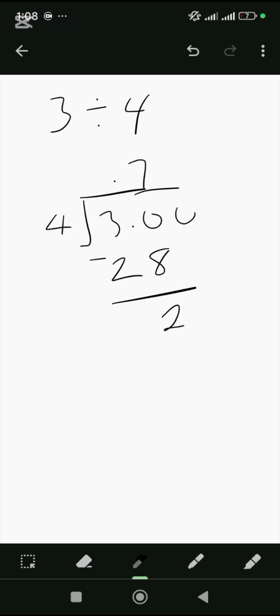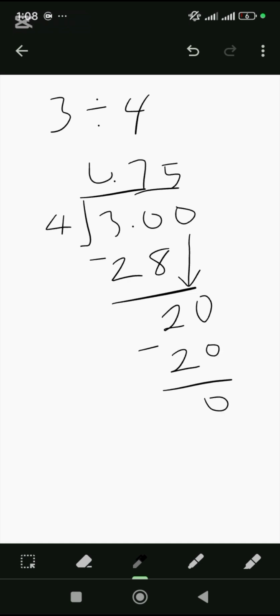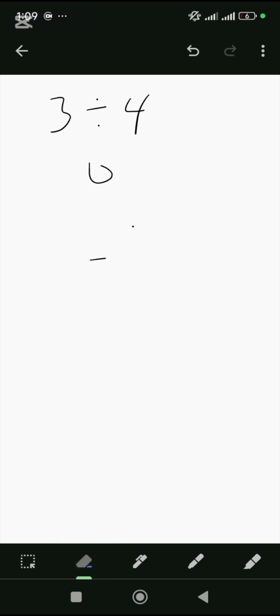And so you can have another 0 here that you bring down because we don't want any remainder. This makes it 20. 4 into 20 will be 5 times. You multiply, that would be 20. You subtract, this will be 0. So you can have your 0 here. That means 3 divided by 4 is 0.75.